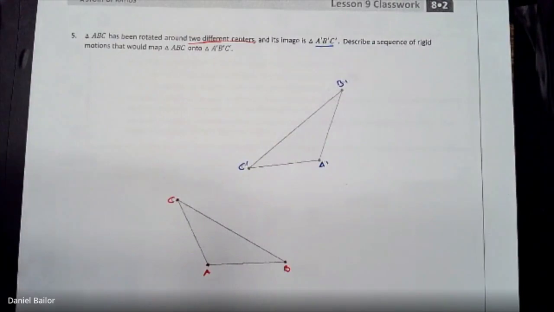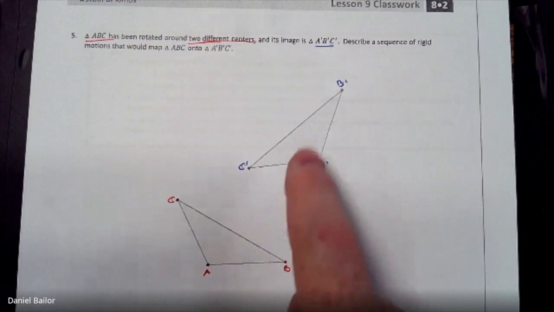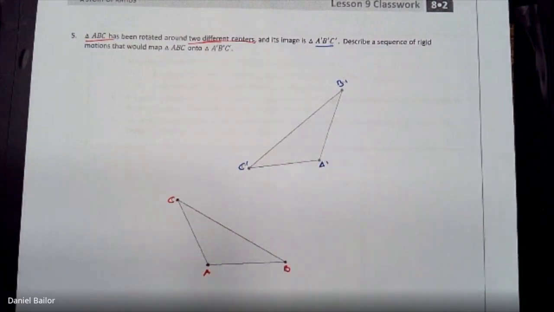And now it wants a sequence of rigid motions that would move it back. So in other words, how do we make them line up?